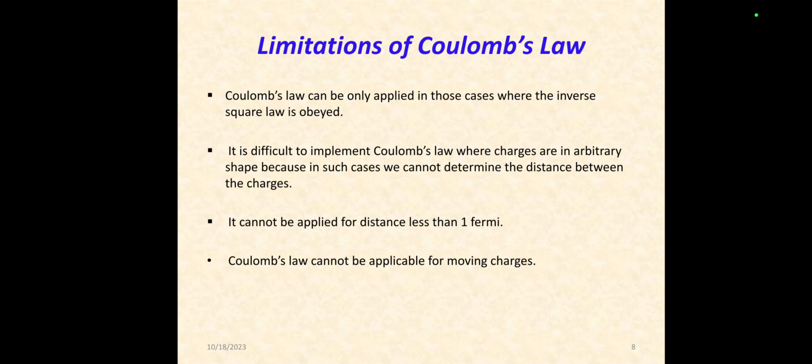It is difficult to implement Coulomb's law where charges are in arbitrary shape, because in such cases we cannot determine the distance between the charges. That means when the charges are in arbitrary shape, we cannot measure the distance between the two charges exactly, and that's why we cannot use this law there.